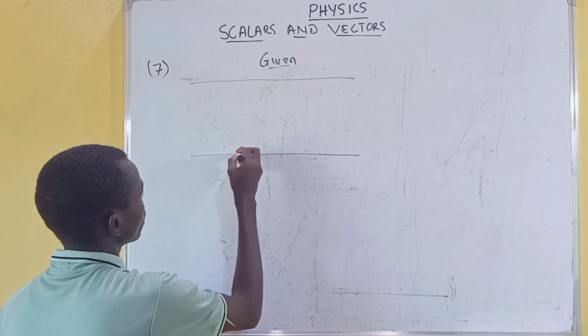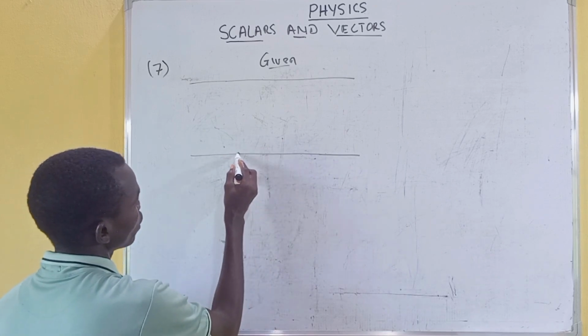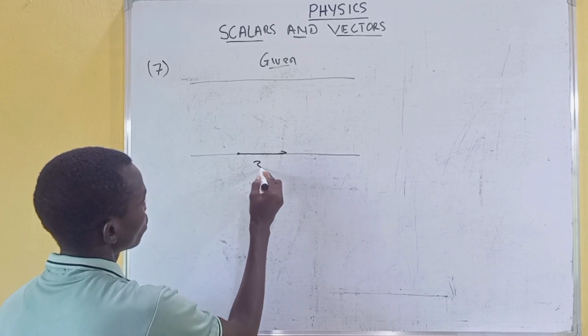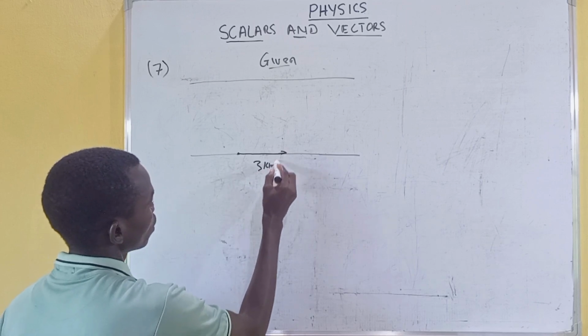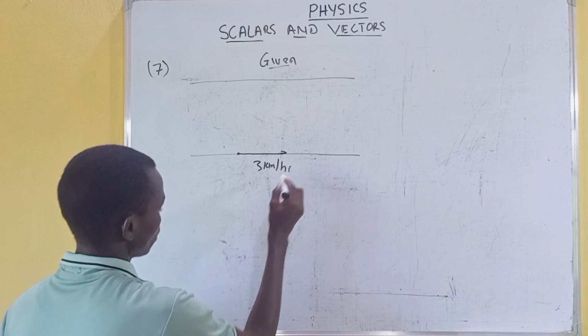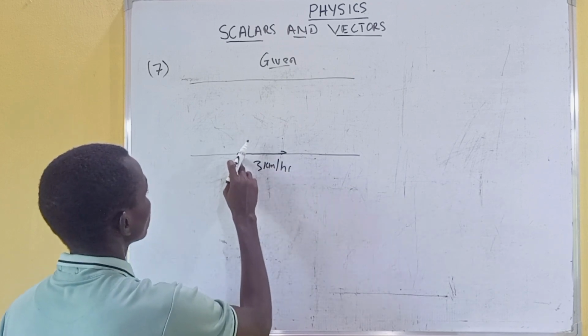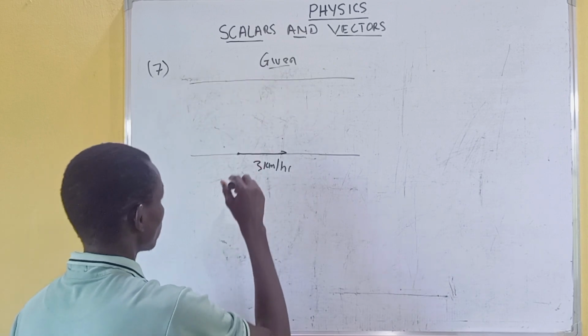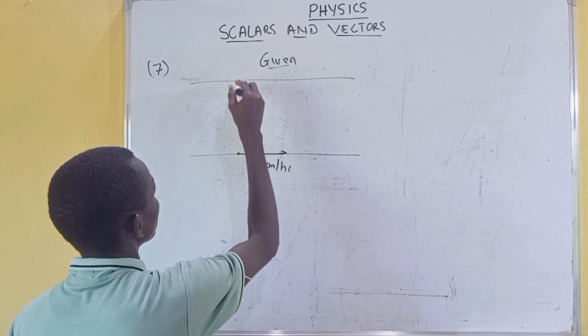Let's say here is the starting point, and the river is flowing due east at 3 km per hour. The man wishes to get to his destination that is directly opposite to the starting point, from here to here.